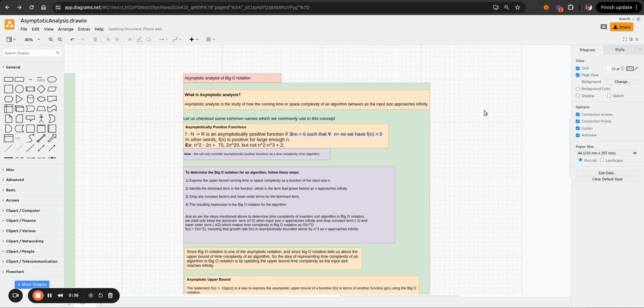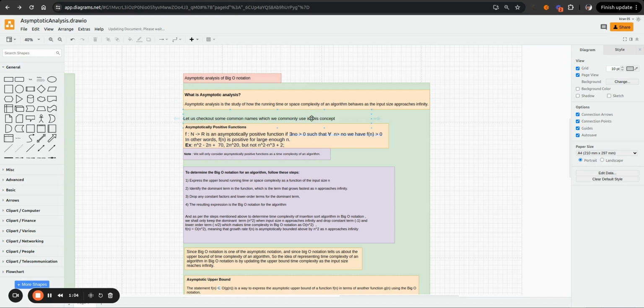Asymptotic analysis is nothing but the study of an algorithm's efficiency in terms of time complexity or space complexity as the input size is reaching infinity. So when input size is reaching infinity, doing the analysis of time complexity or space complexity of an algorithm is nothing but asymptotic analysis.